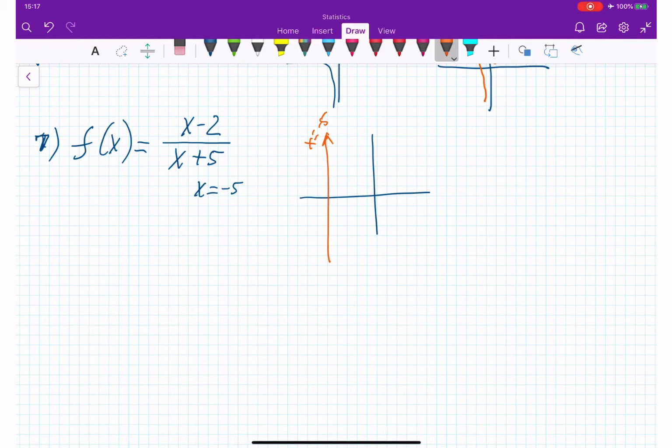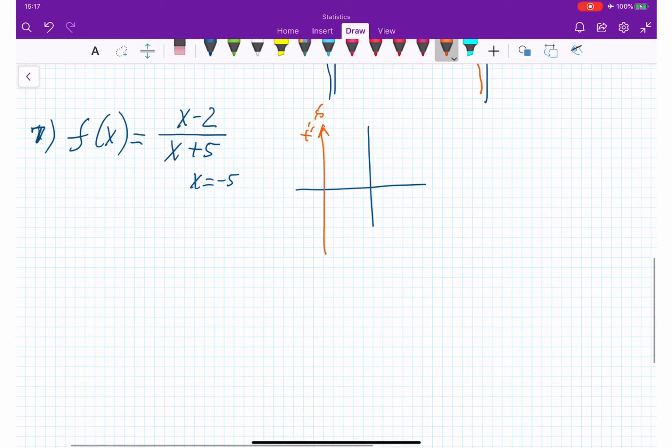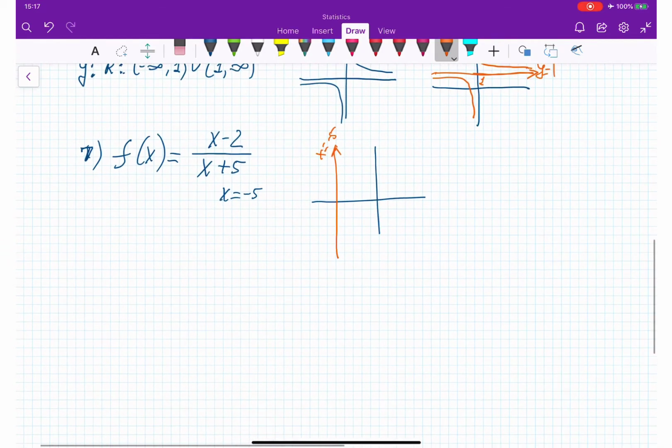Question number 8. So how graph will look, let's say when it doesn't have any asymptote, when it doesn't have any breaks.